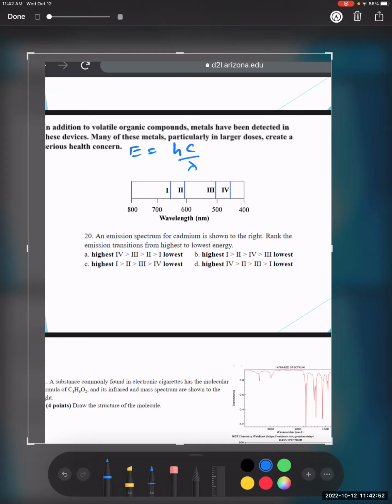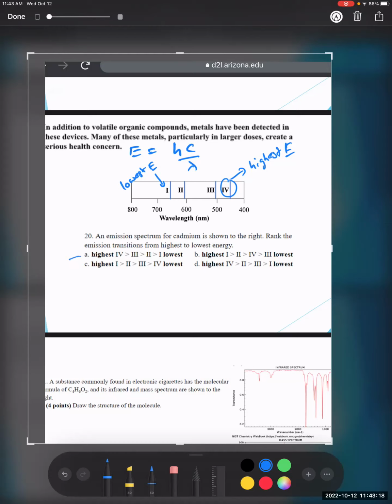We have the shortest wavelength for 4, therefore this should be the highest energy, and then we have the longest wavelength for 1, therefore this should be the lowest energy.